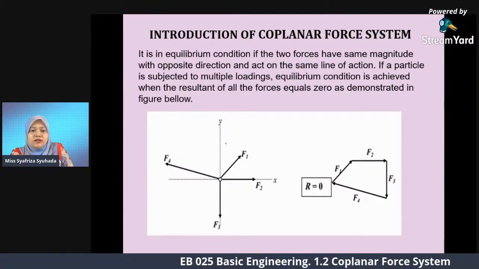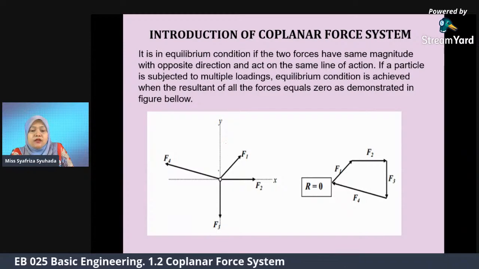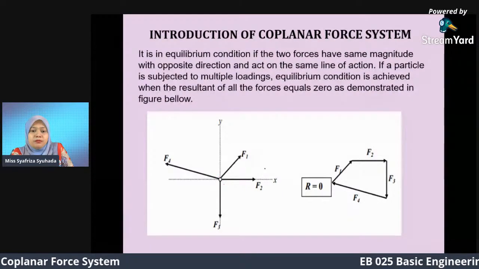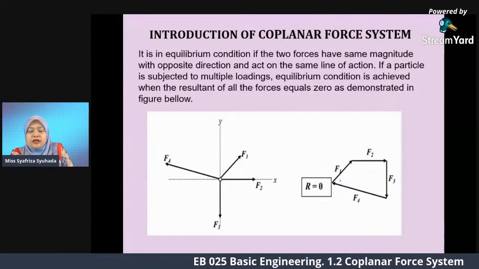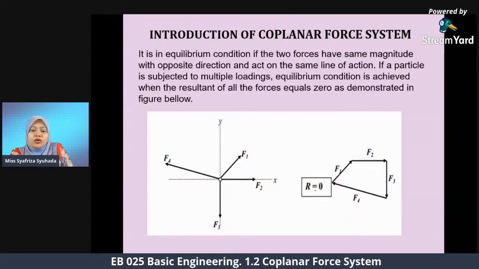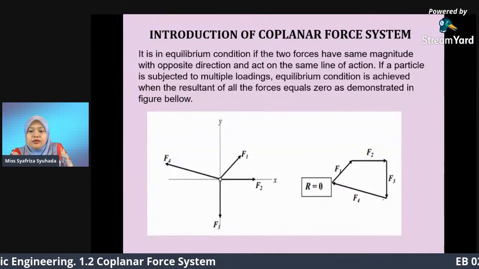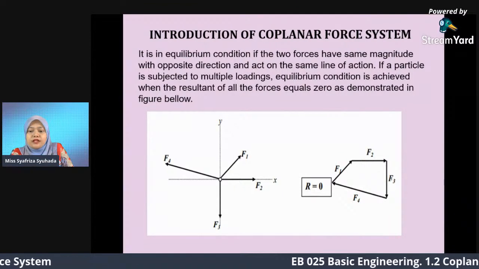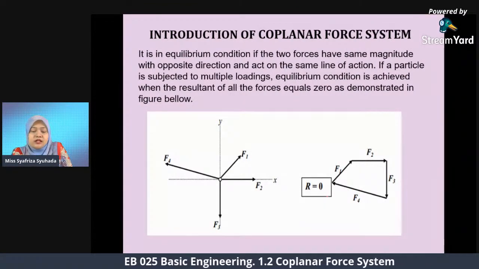Equilibrium condition is achieved when the resultant of the forces is equal to 0. From this diagram, when we arrange these forces, we can get FR, or resultant force, equal to 0. For example, F1 plus F2 plus F3 plus F4, and the resultant is 0.